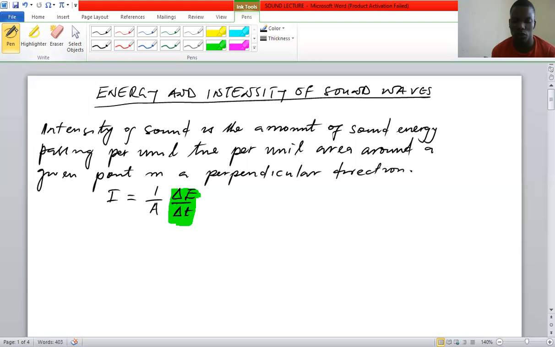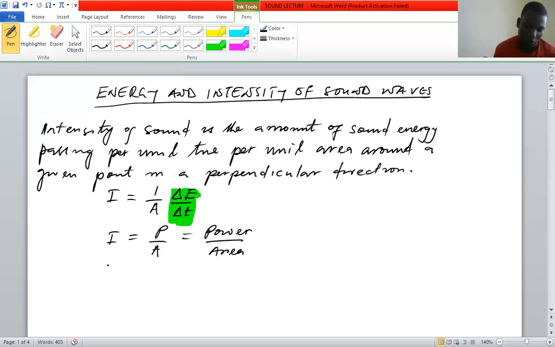You're going to recall something about this formula, energy out of time. The rate of energy transfer is actually power. So in short, this formula can also be written as intensity is equal to power over area. Okay, so this is power, and that is area.